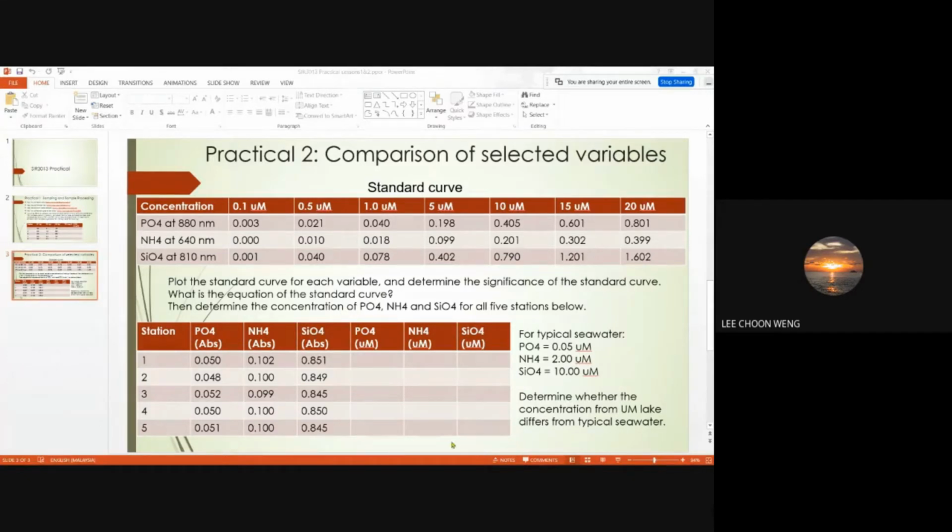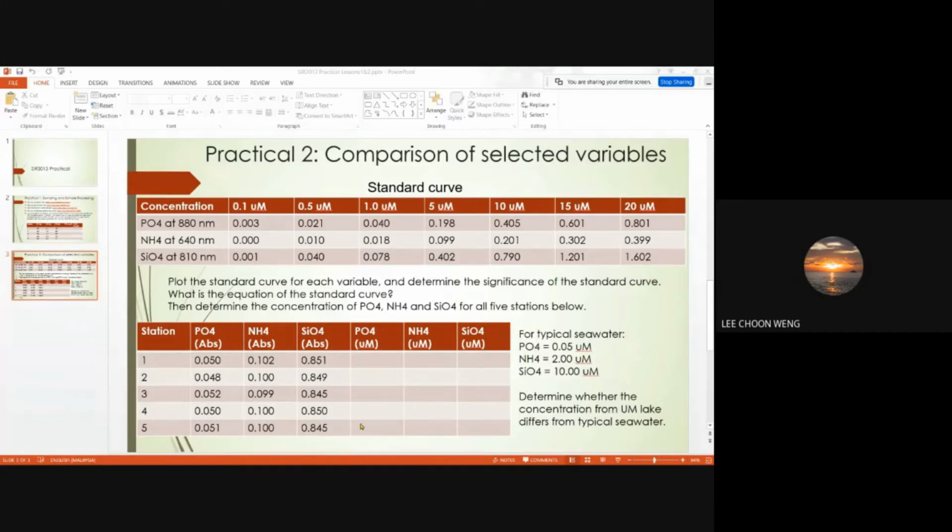Once you have this, these are from 5 stations within the same lake. Then you want to determine whether the concentration from this lake is within standards. So you do a one sample t-test.